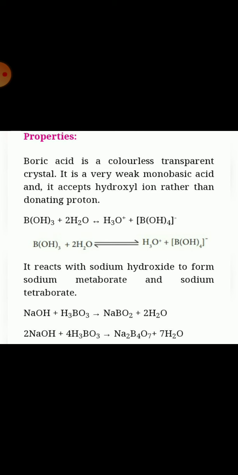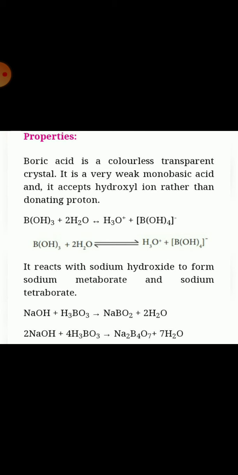Then it reacts with sodium hydroxide. First boric acid reacts with sodium hydroxide to form the product sodium metaborate, NaBO2. NaOH plus H3BO3 gives NaBO2, sodium metaborate.